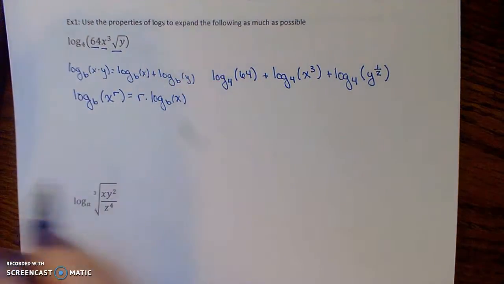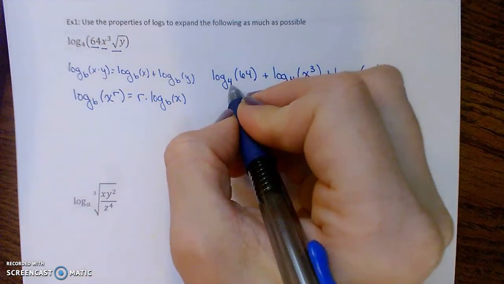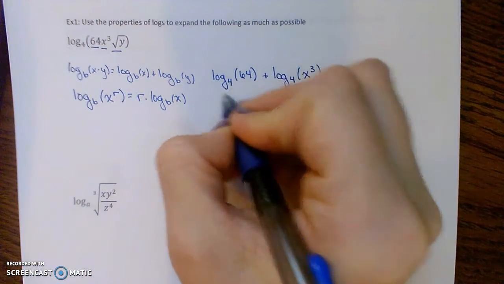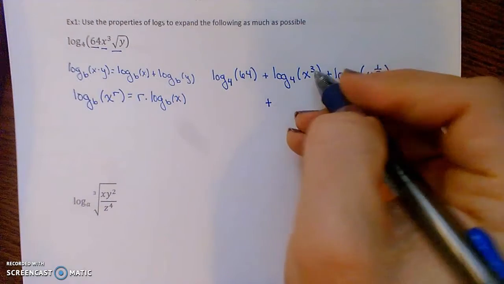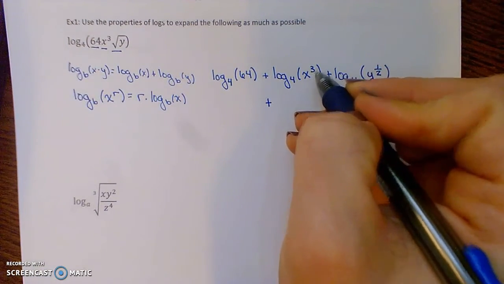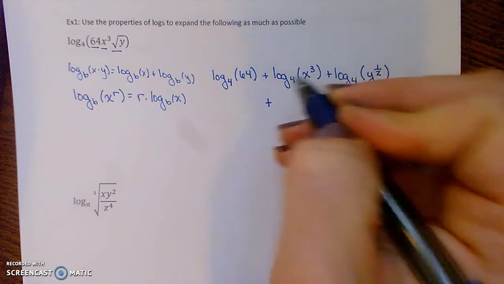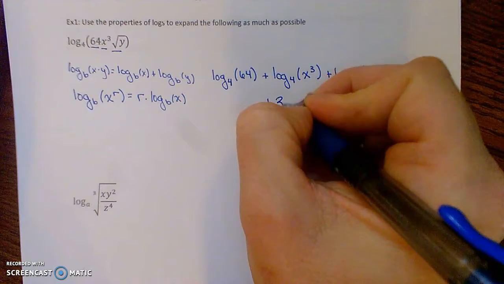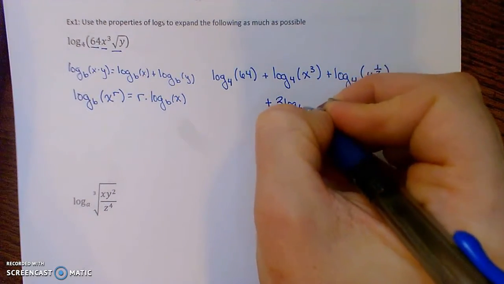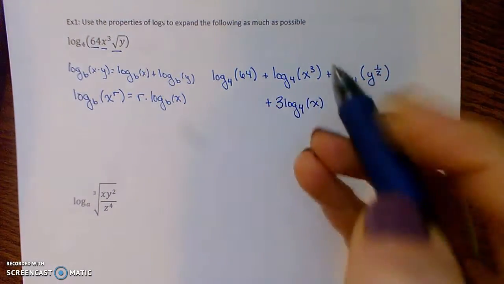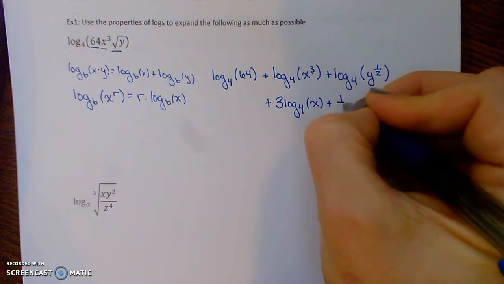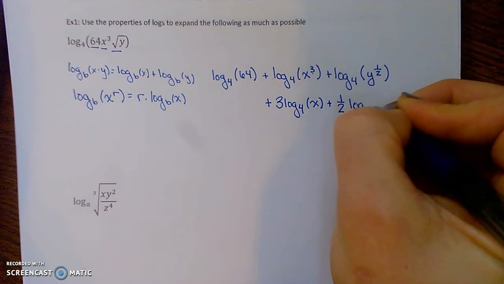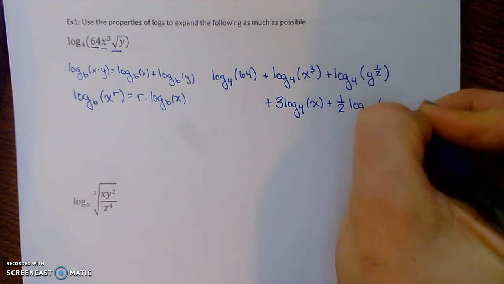So I'll use this property. Let me come back to this term. This tells you that the exponent 3 can come outside of the log as a factor. So it'll be 3 times log base 4 of x. So basically this exponent 3 pops outside. Plus 1/2 log base 4 of y.